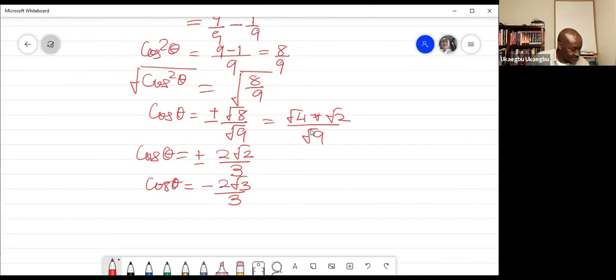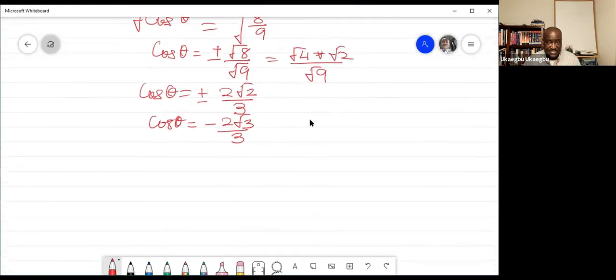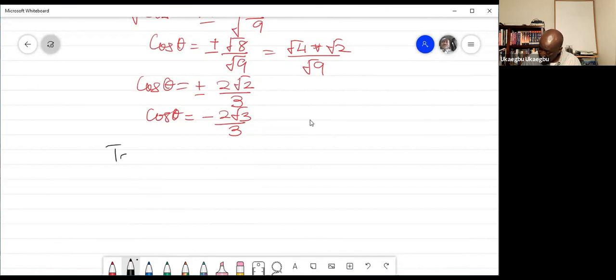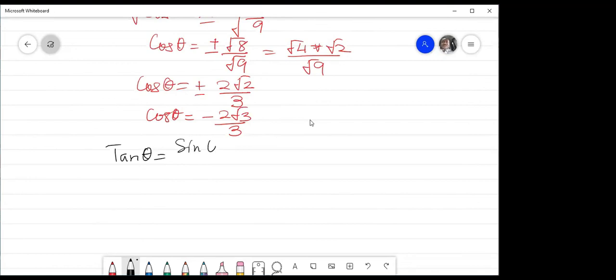Now, they are also saying find tangent of theta. What's the formula again for tan theta? It's always sine theta over cos theta.